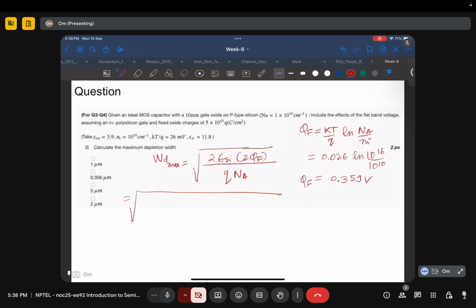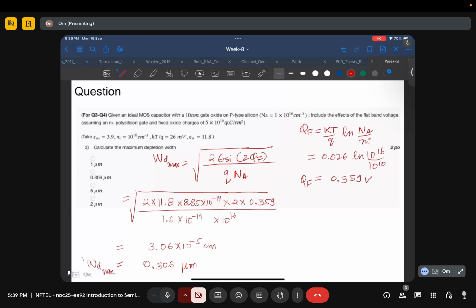Substitute it here. We get 3.06 into 10 to power minus 5 centimeter, which is 0.306 micrometers. So answer is option B.